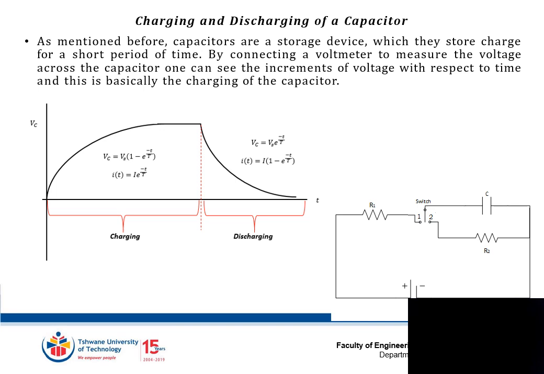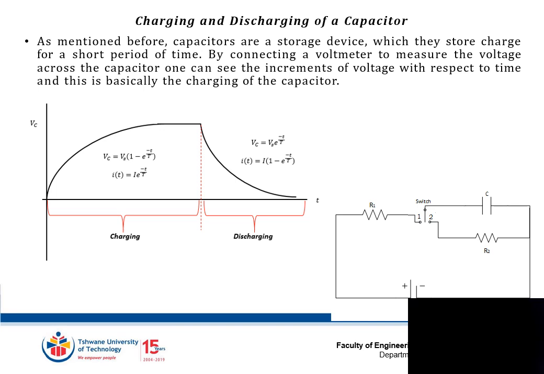So if you have the circuit below and the switch is on position 1, the capacitor will start charging as shown on the figure, and you can use the formula Vc equals Vs (1 minus e to the power minus t over T). That will give you the charging voltage at any period of time up until the capacitor is fully charged.